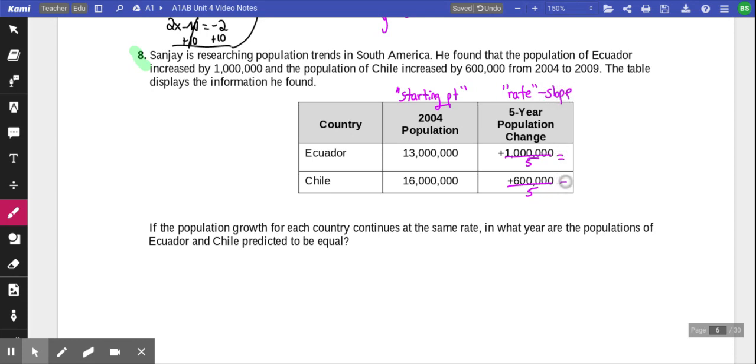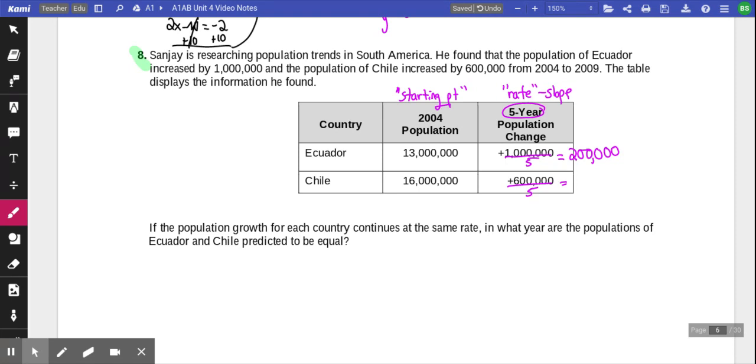So if we divide these by 5, since we know what the population changed over 5 years, 1 million divided by 5 is going to give us 200,000. Okay, so 200,000, that means in Ecuador, the population increased 200,000 every year.